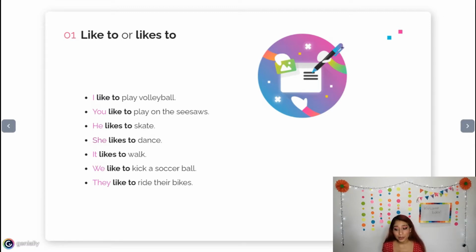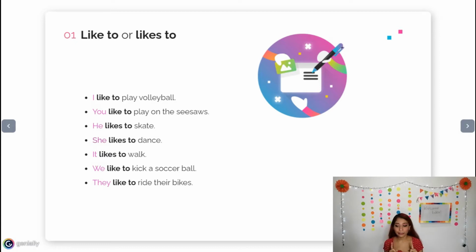You can copy this in your notebook because it's going to help you a lot when you do activities in the notebook or the student's book. You can check your notebook. If you copy this, you can check it. Oh, okay, I have he. He always uses likes to, okay? It's super important that you keep this in mind because it's maybe going to be on the exam.